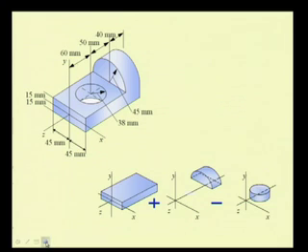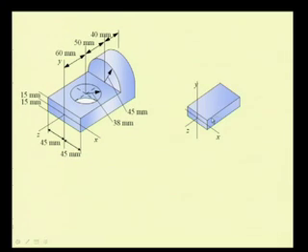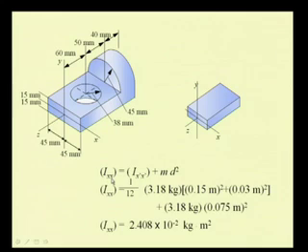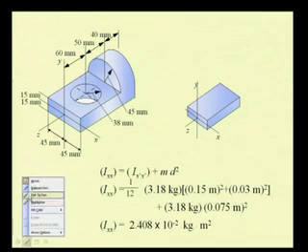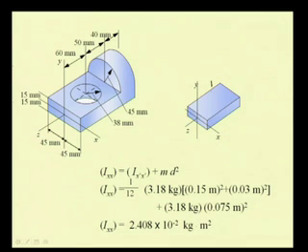So, let us take the components one by one. First, let us take this base prism and compute its second moment with respect to the x axis. So, we write I xx as the second moment of this prism mass with respect to its centroidal axis, which obviously is a parallel axis passing through the centroid.